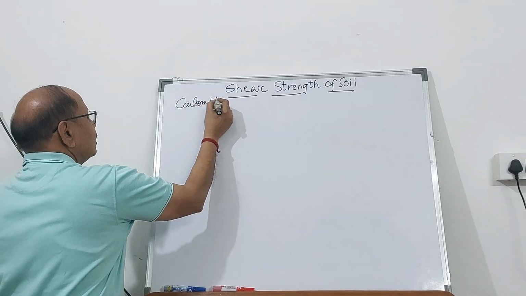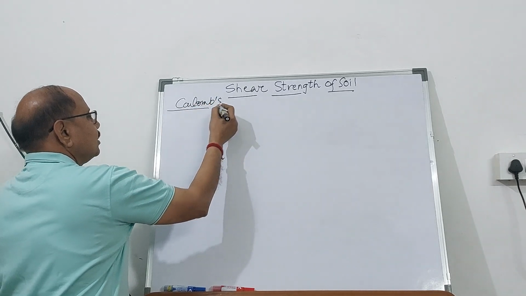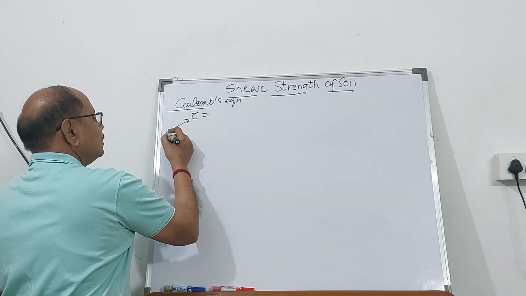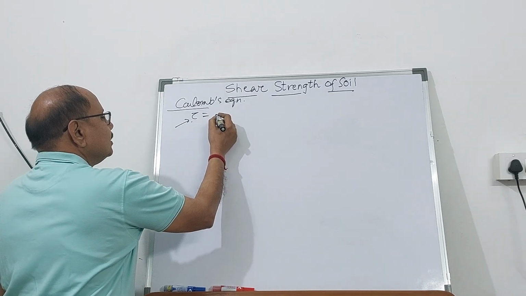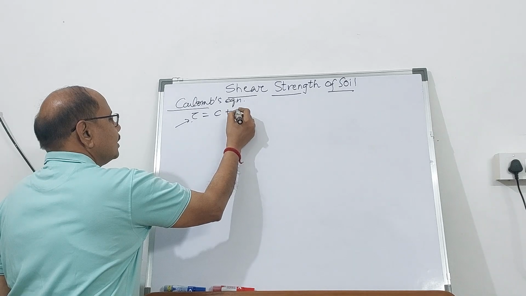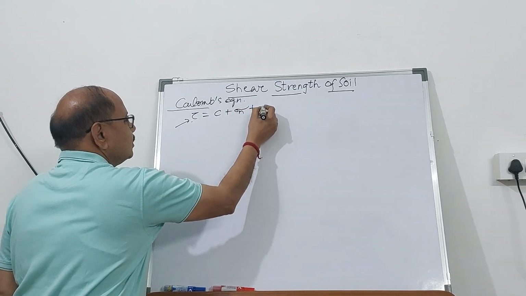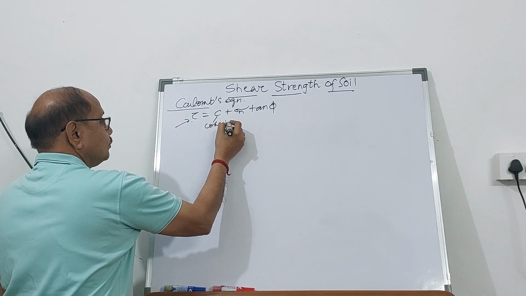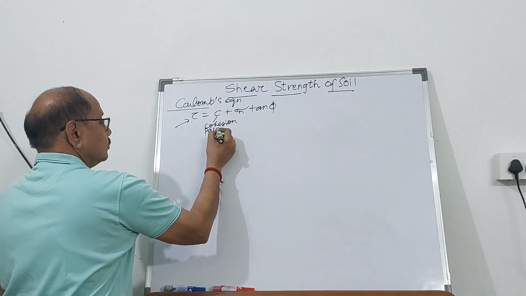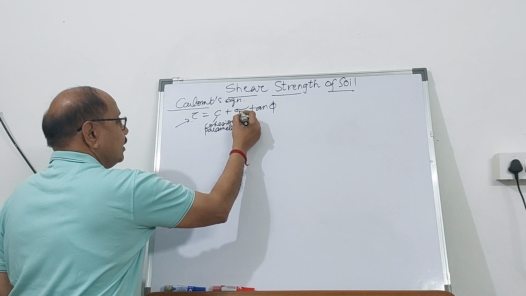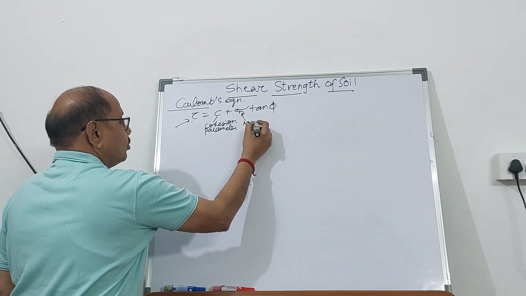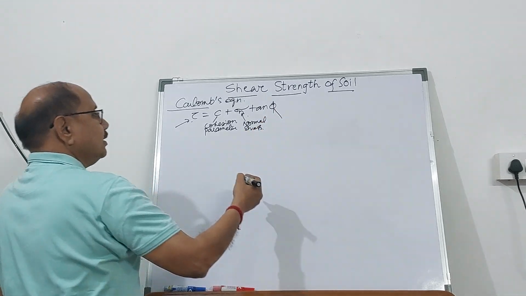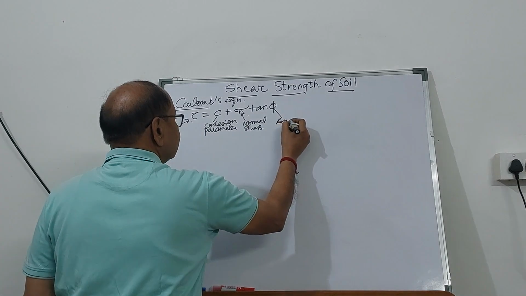Coulomb gave a famous equation: tau, which is called the shearing strength of the soil, is given by C plus sigma n into tan phi, where C is called the cohesion parameter, sigma n is called the normal stress, and phi is called the angle of internal friction.